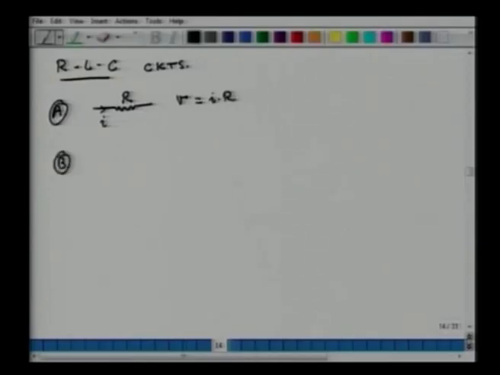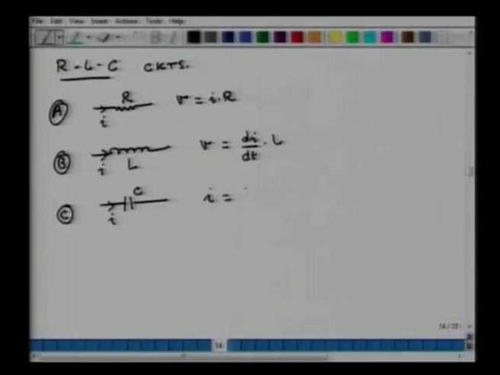Similarly, if I have an inductor of value L and there is a current going through it, I, then voltage is the rate of change of current, di/dt, times L. And then finally, if I have a capacitance of value C, and I is the current going through it, then the current and voltage are related such that current equals capacitance times rate of change of voltage.